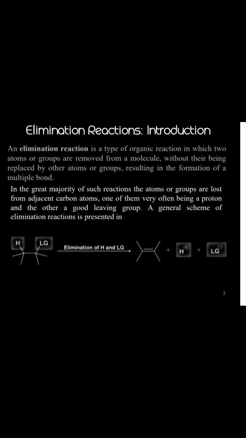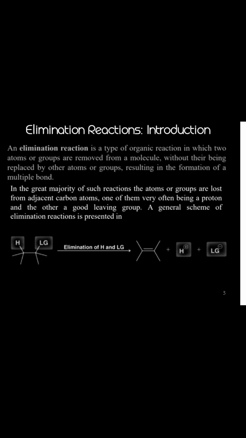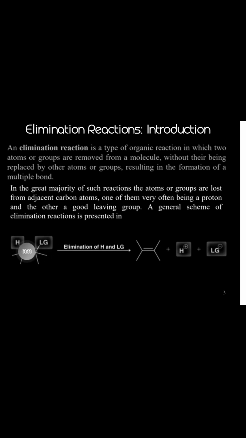So come towards the definition: what is an elimination reaction? An elimination reaction is a type of organic reaction in which two atoms or groups of atoms are removed from a molecule without being replaced by another atom, which simply means that no major molecule is needed to remove or eliminate hydrogen and a leaving group from the single bonded alpha and beta carbon.